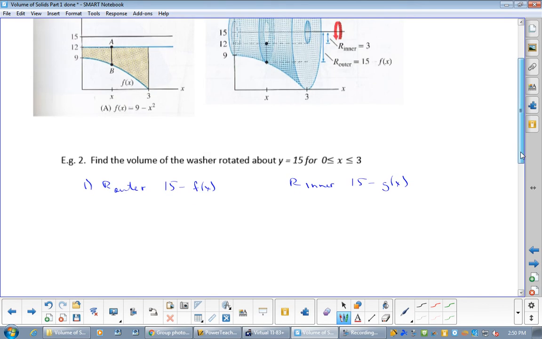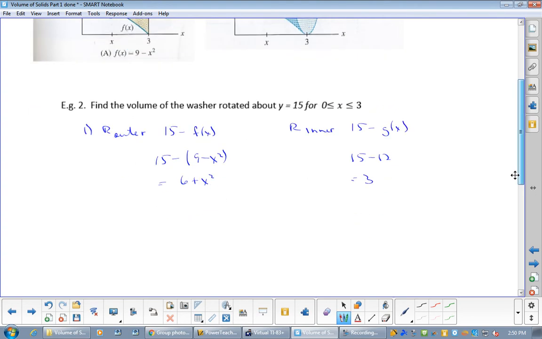So let's do 15 minus 9 minus x squared equals 6 plus x squared. Our inner is just 12, or 15 minus 12, I should say, which is 3. Okay, so this one's not so bad.